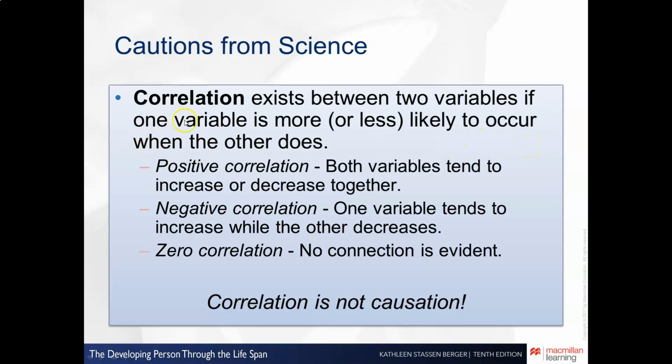So hence they use the word correlation. Take, for instance, caffeine. We can't say caffeine causes reduced sleep, because some people can have a pot of coffee right before going to bed and they will sleep just like a baby. What we can say though is caffeine is correlated with interrupted or reduced sleep patterns, but we can't say it causes it, because causes means that it would be applicable to all individuals.